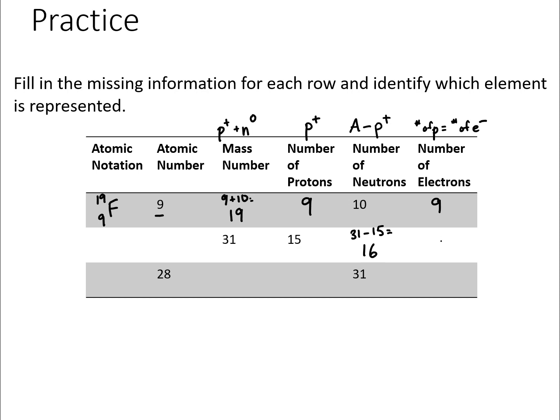The number of electrons is always equal to the number of protons in a neutral atom. And the atomic number is the number of protons.